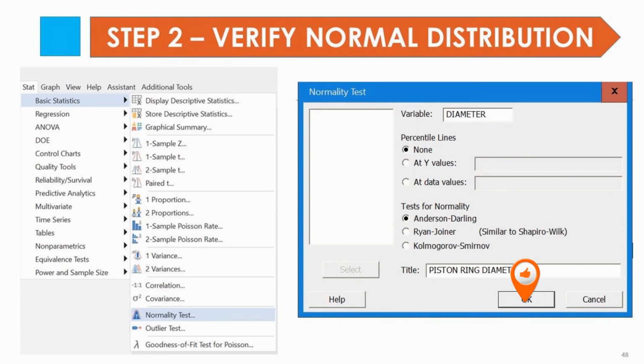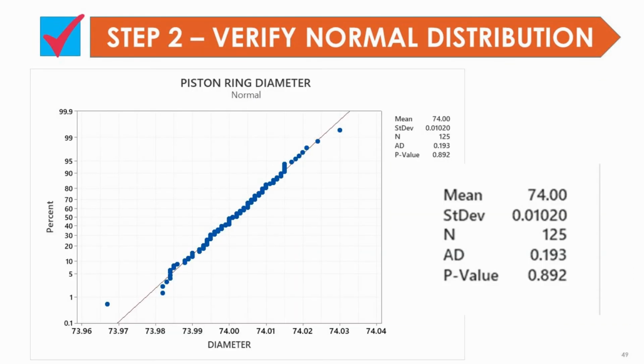Click on OK and we have our normal distribution analysis. And remember, if it's over or above 0.05, we have a normal process.